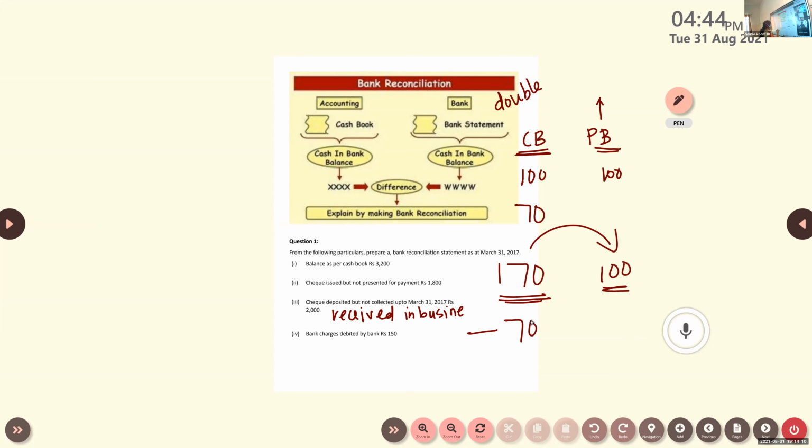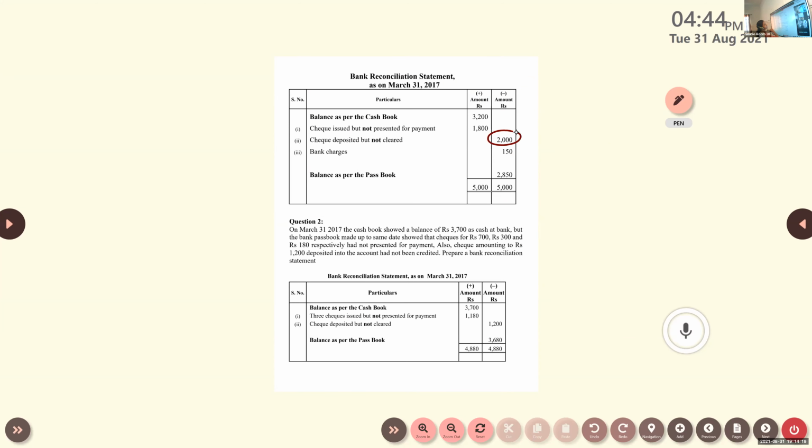So this item, check deposited but not collected up to March 31st, rupees 2000, we will subtract from the cash book balance.